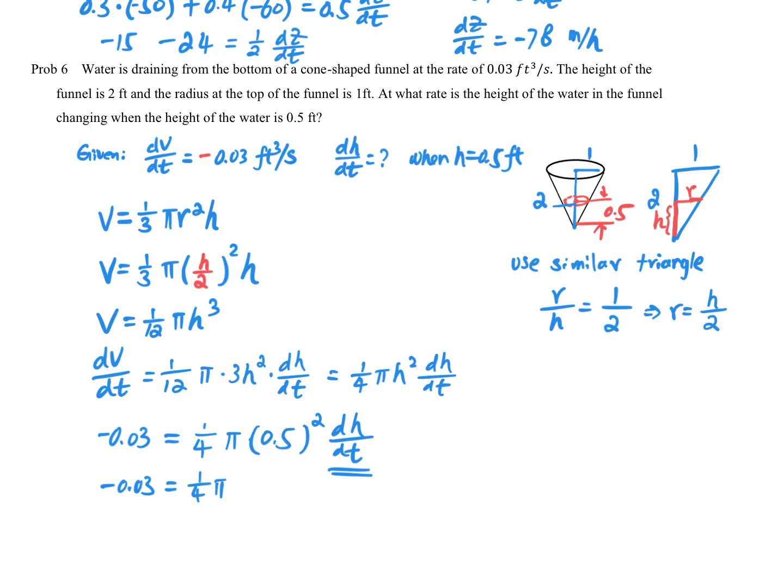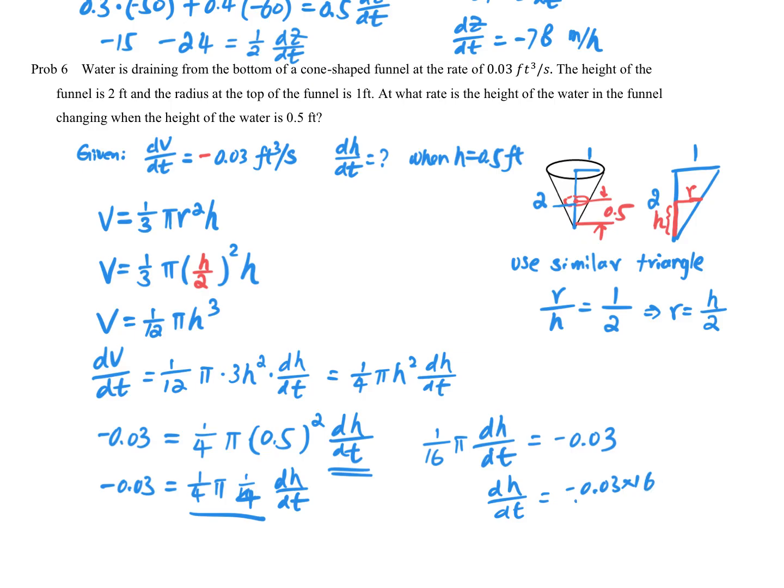So basically this is 1/4 times 1/4, which is 1/16, and pi, times dh/dt. Let's solve for dh/dt now. On the left side, this is 1/16 pi times dh/dt equals negative 0.03. So therefore dh/dt equals negative 0.03 times 16 over pi.